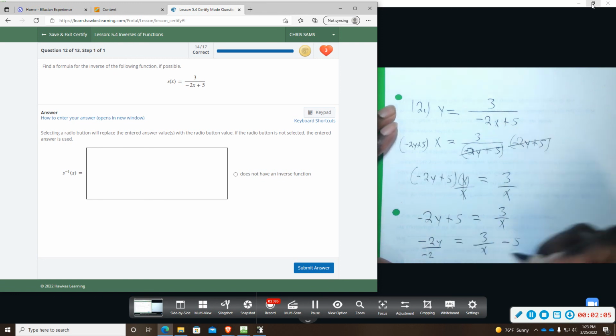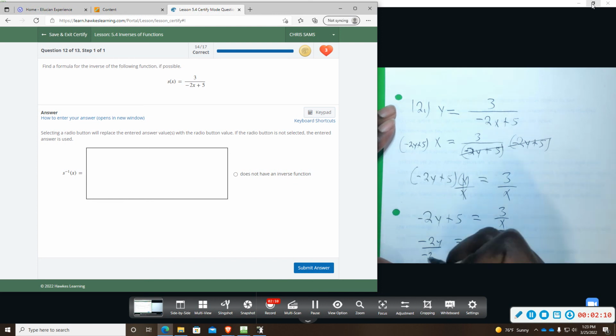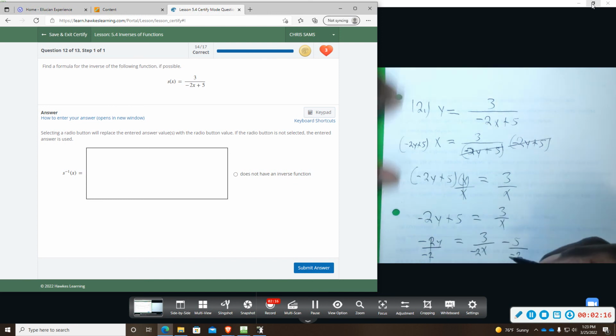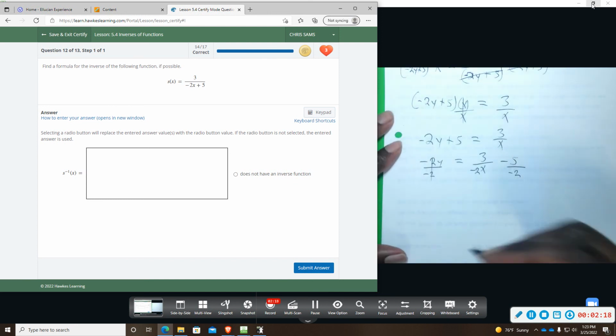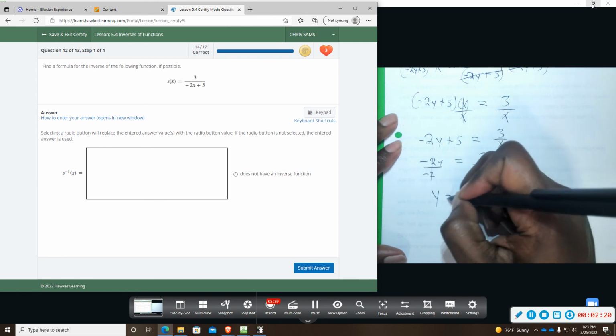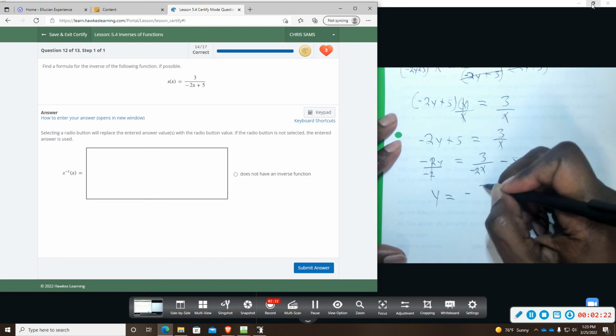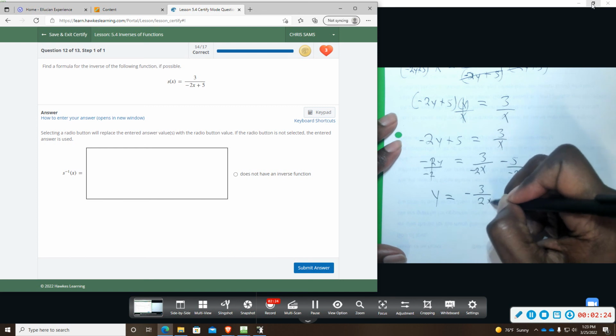And then last we have to divide by the negative 2. So everything over here gets divided by negative 2, so the 5 gets divided by negative 2. And then since we already have a fraction, that negative 2 just gets attached to the bottom. So our final answer will be y equals negative 3 over 2x.